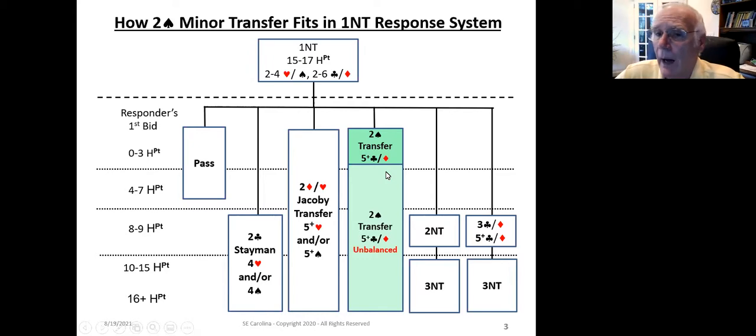So that will allow us to take advantage of the unbalanced nature, which says we've got a singleton or a void, and use the roughing power in our long minor. Otherwise, we're going to play no trump, or we're going to invite no trump by bidding 3 clubs or 3 diamonds with a balanced hand with 5 to 6 clubs or diamonds, and 8 to 9 points. So that's the high-level perspective.